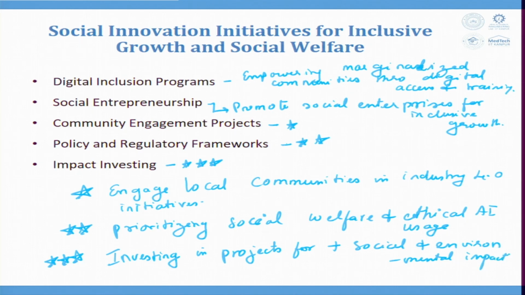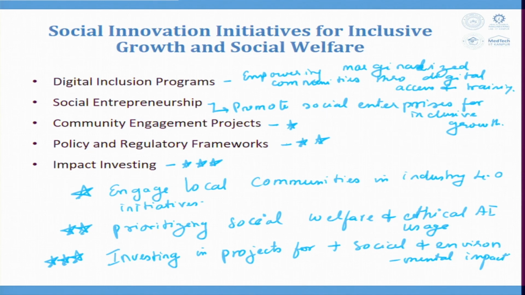So, these are the important social innovative initiatives for inclusive growth and social welfare. So, these are the programs which are done: digital inclusion program, social entrepreneurship program, community engagement projects, policy and regulatory frameworks, impact investing. So, all these things are very important.